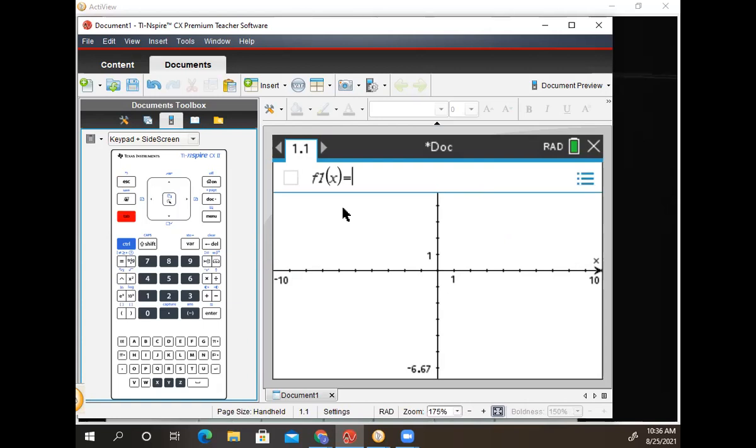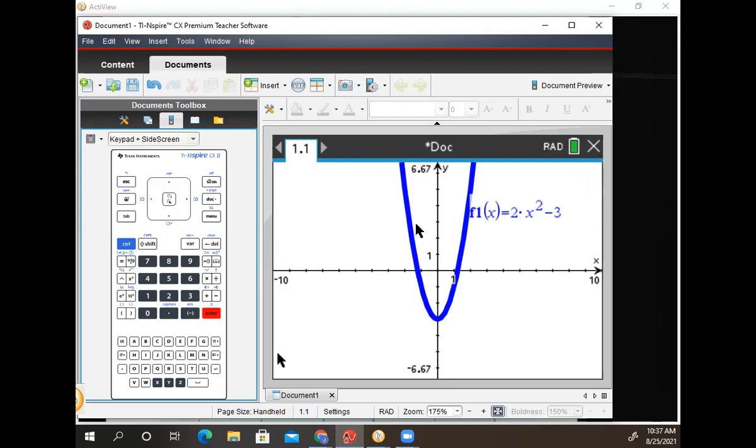I'm going to graph equation B next. So that's 2 times x squared. Remember, your x key is down here. Your variable key is down here. Since it's x squared, I can use the square key. Minus 3. I'm going to hit enter to graph that.